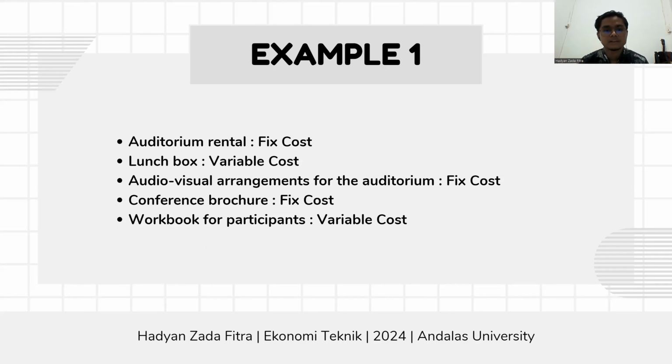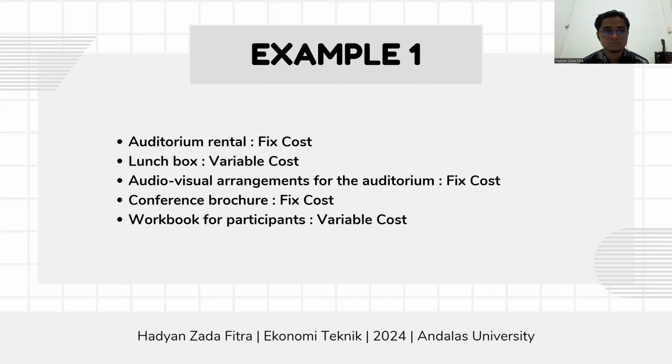So as we know, fixed cost depends on the situation. It could be said the costs are fixed and do not change. So the cost for the auditorium rental is a fixed cost. And next, lunchbox is a variable cost, because variable cost is the cost that will adjust depending on the condition required.